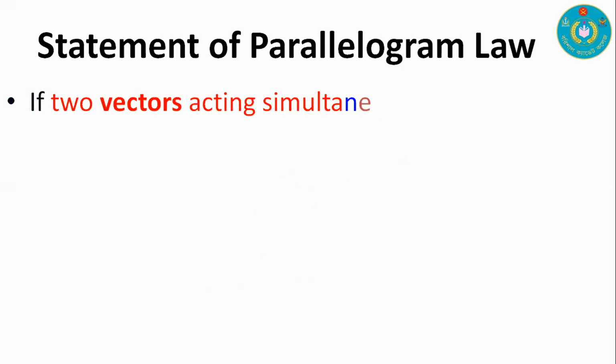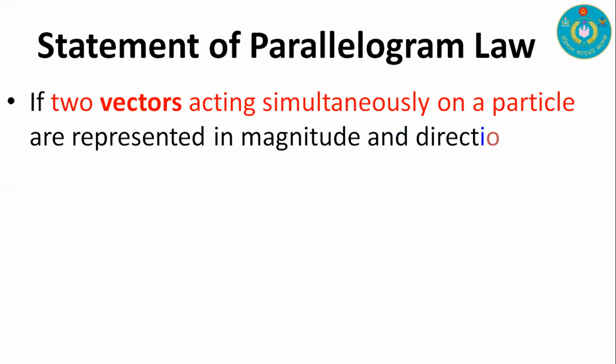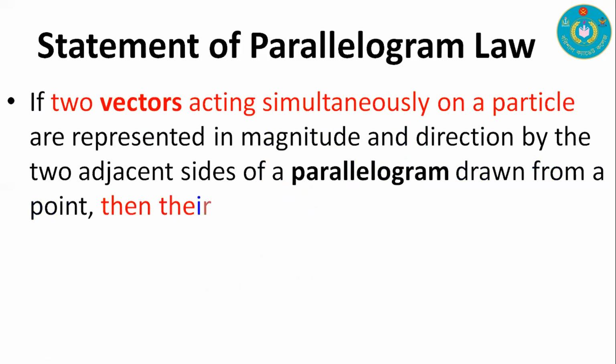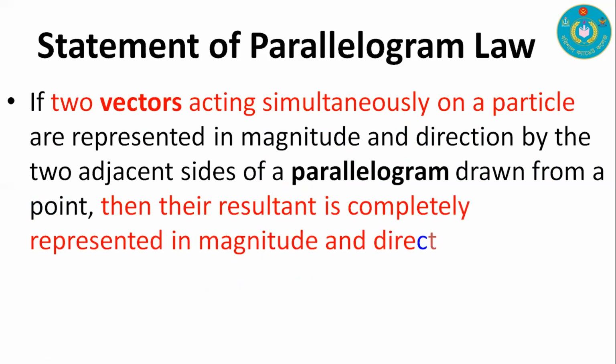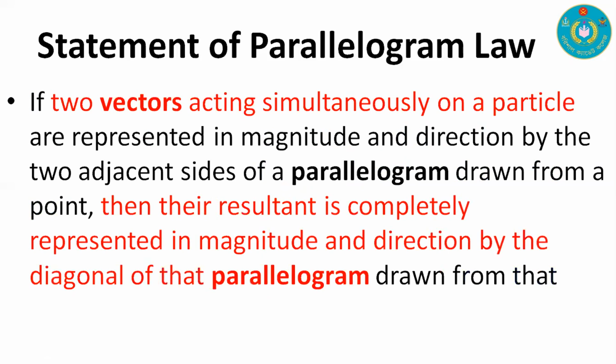The statement of the parallelogram law is: if two vectors acting simultaneously on a particle are represented in magnitude and direction by the two adjacent sides of a parallelogram drawn from a point, then their resultant is completely represented in magnitude and direction by the diagonal of that parallelogram drawn from that point.